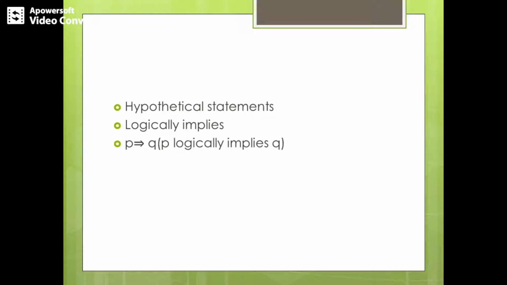Next, talking about implicative statements, or what we call hypothetical statements.